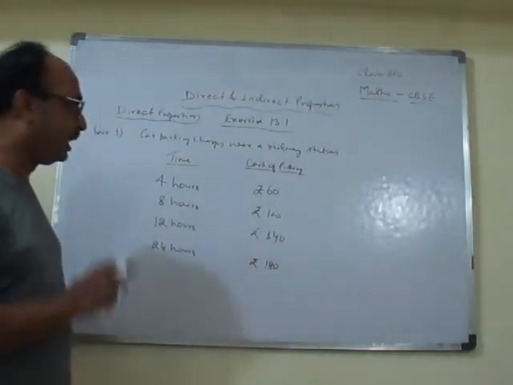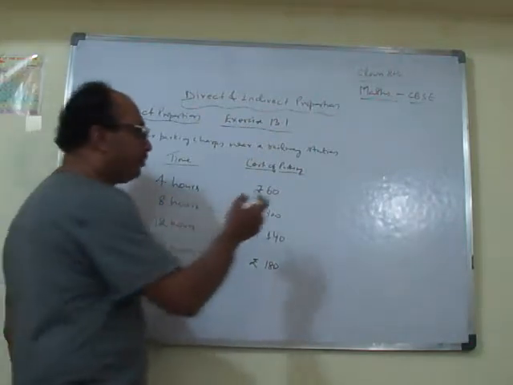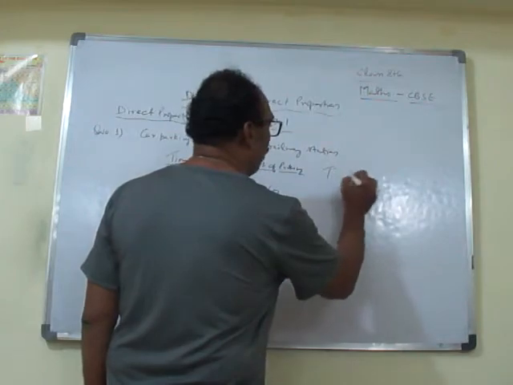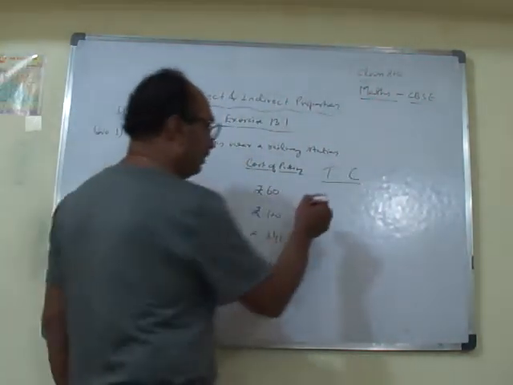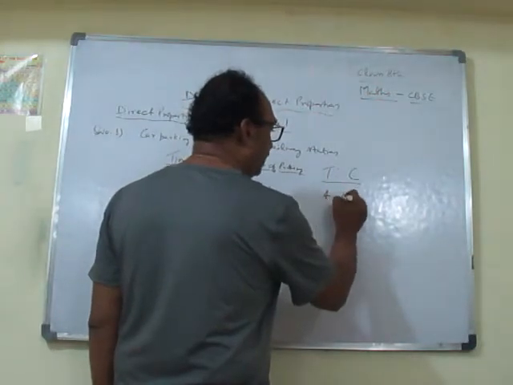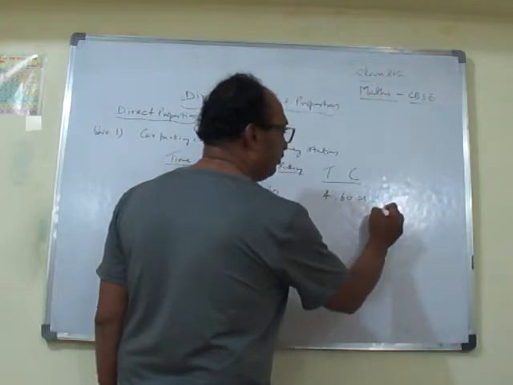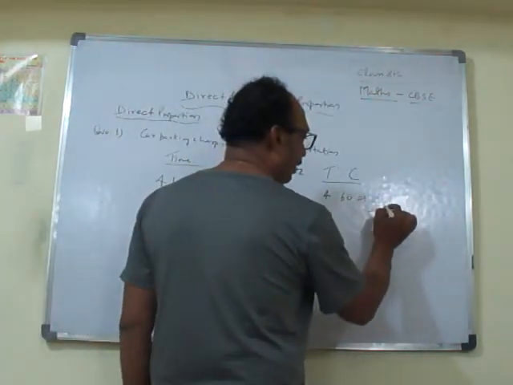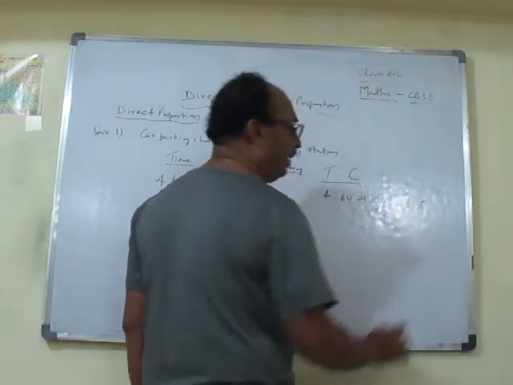Let us find out their ratio. So the time to cost ratio. 4 is to 60. So 4 by 60, then divided by 4, it will give you 1 is to 15.